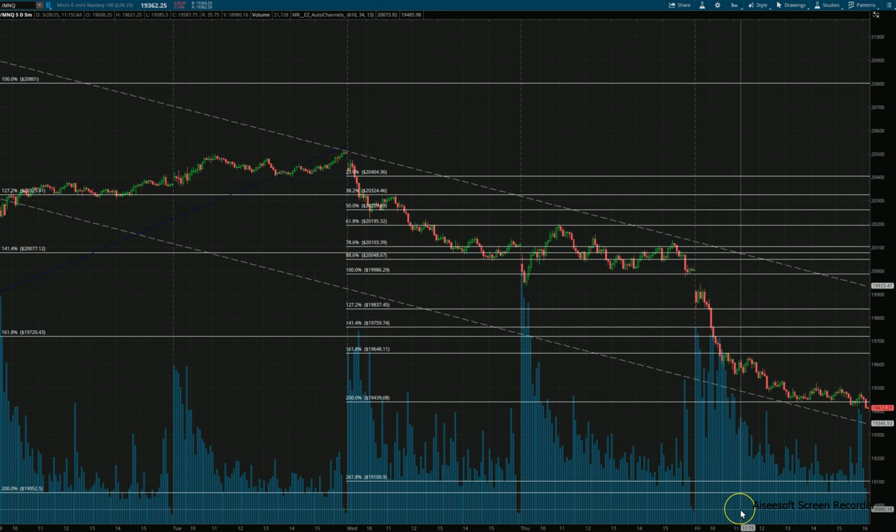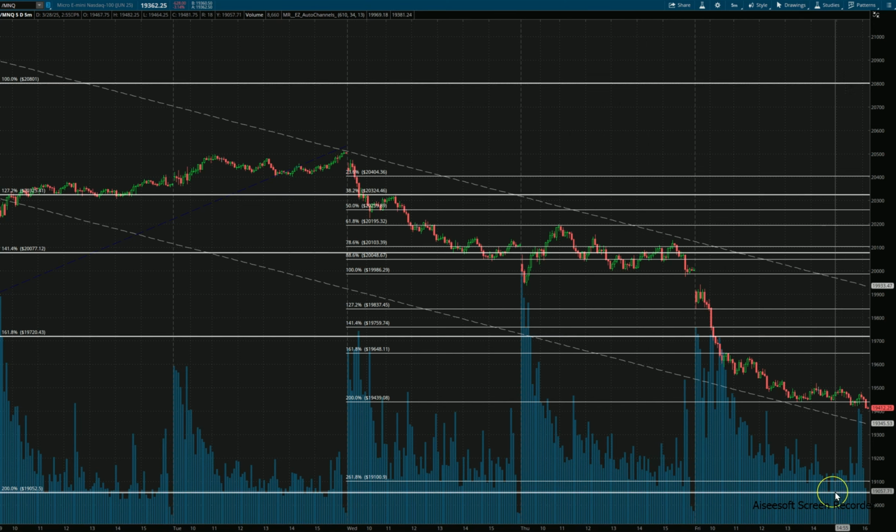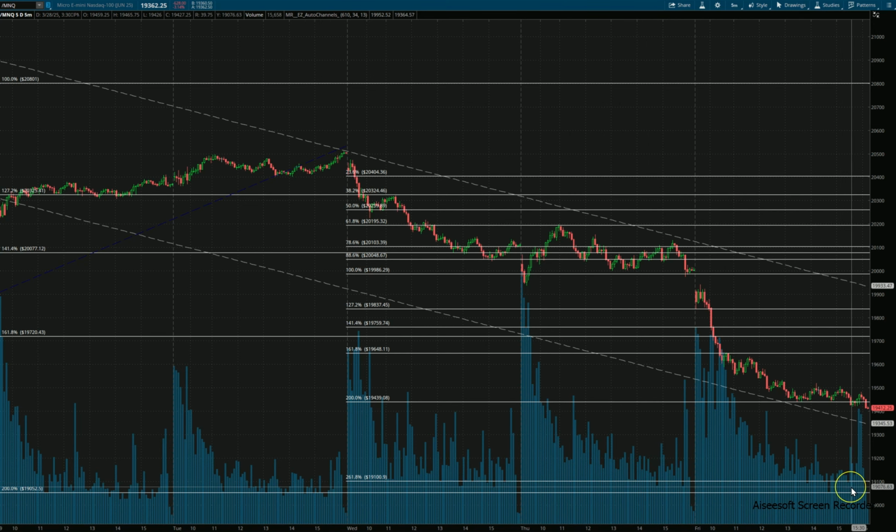And when it comes down to this area down here, like I was saying, if you break the 200% on the daily and you see a big volume bar, you know what? The big boys are buying.